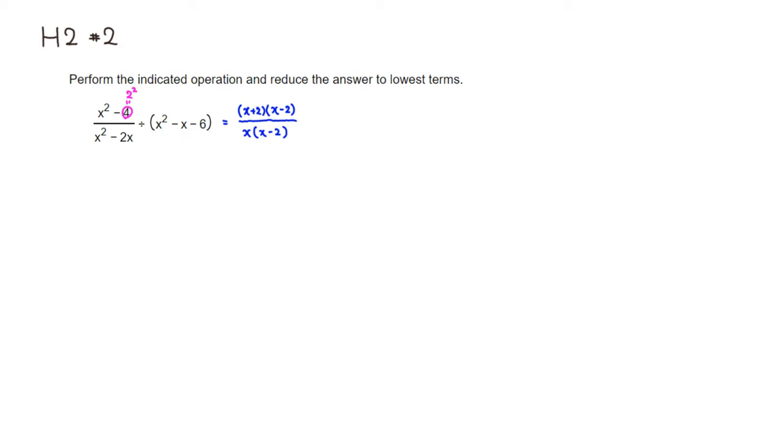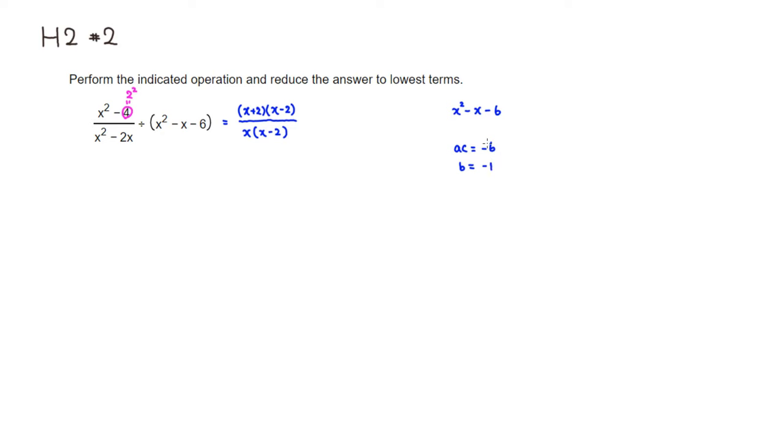Let's factor this one out. So you have x squared minus x minus 6. We can do the AC test trick. Here AC is going to be A is 1, C is negative 6, so negative 6, and B is equal to negative 1.